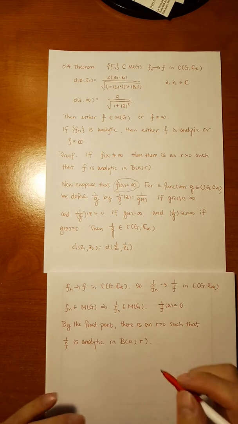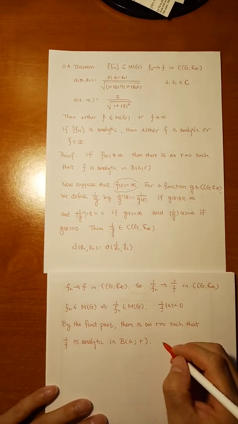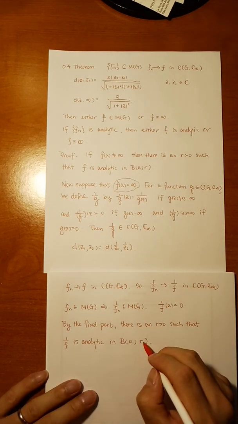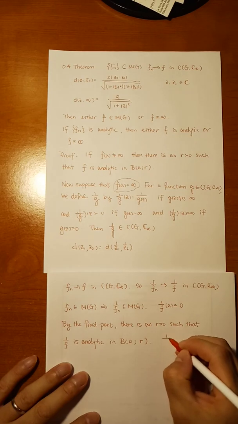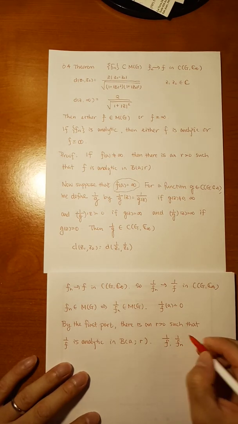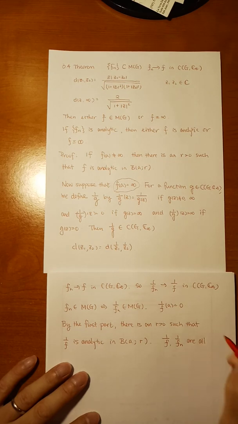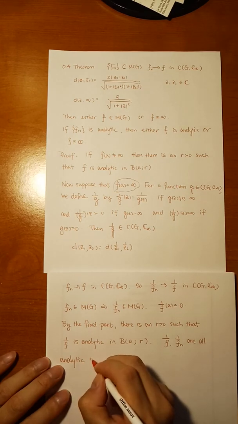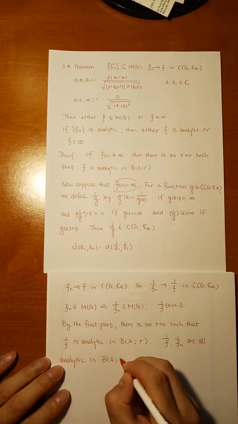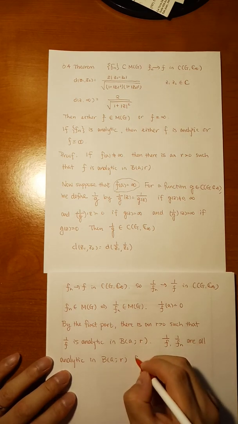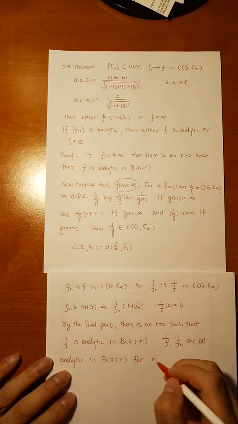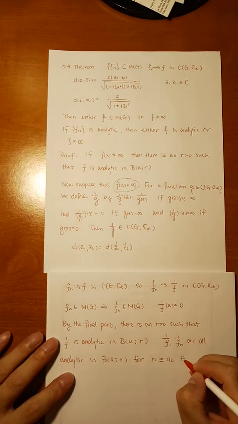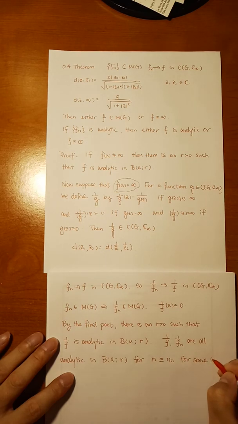And also, we choose this R small enough that 1 over F and 1 over Fn are all analytic in the ball centered at A with radius R for n sufficiently large, n greater than or equal to n0 for some integer n0.